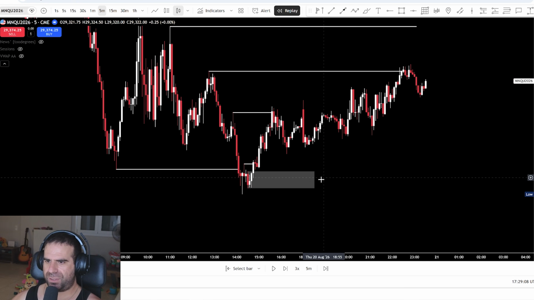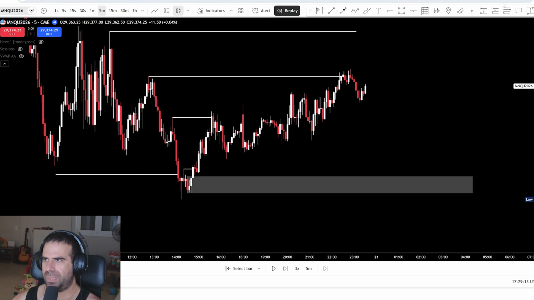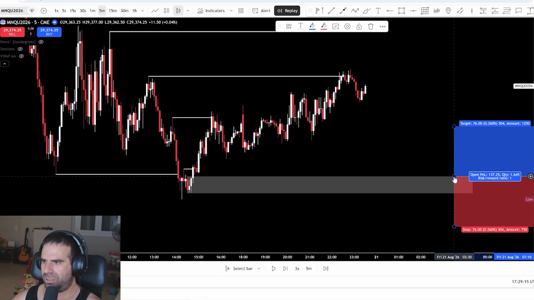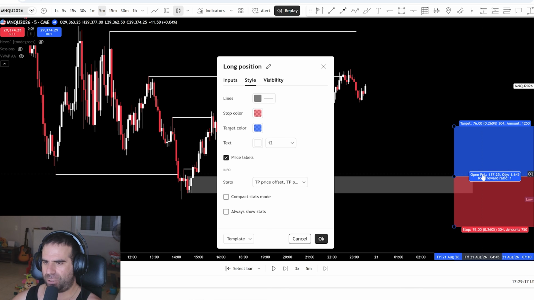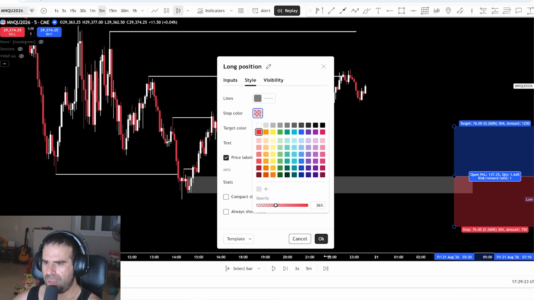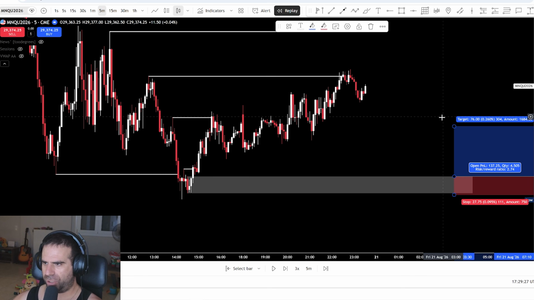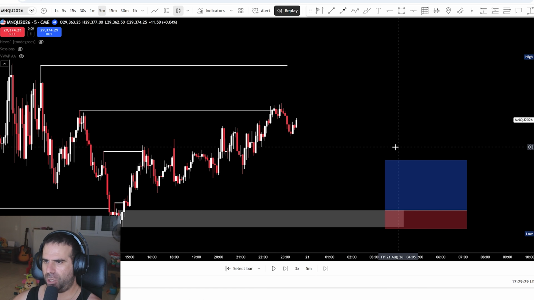Now I'm going to take this and extend it towards the right. And I'm going to be taking my trade with a pending limit order from the top of this order block right here, and placing my stop loss right below this order block, a little bit below.